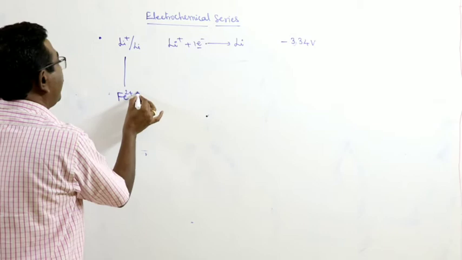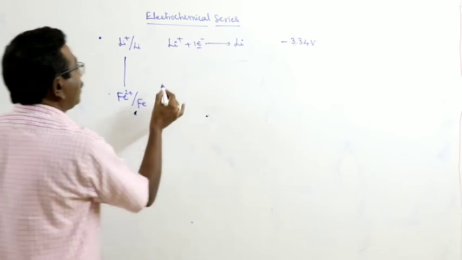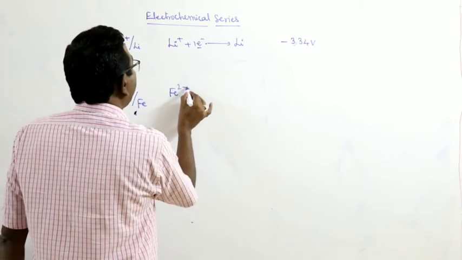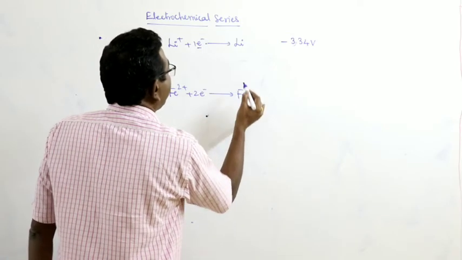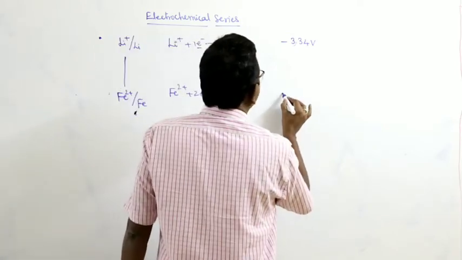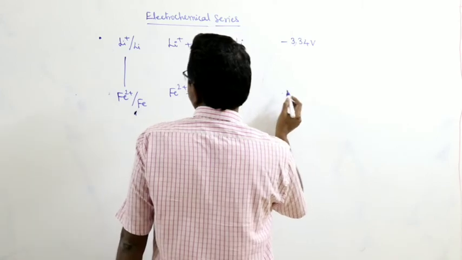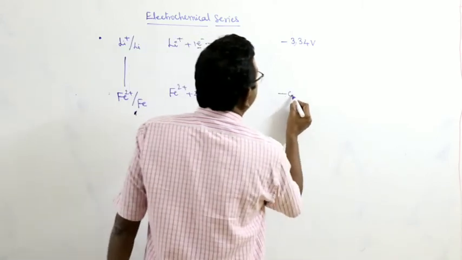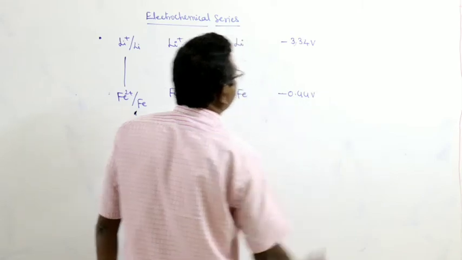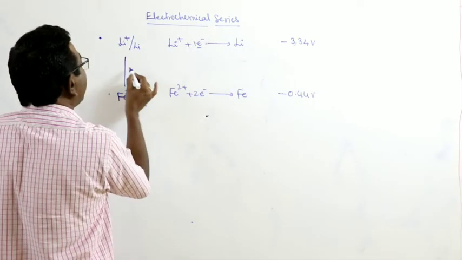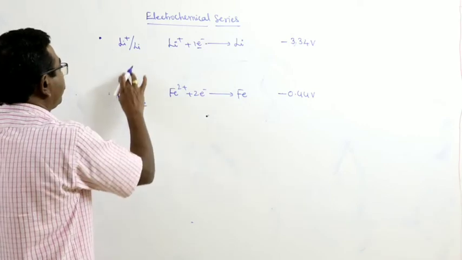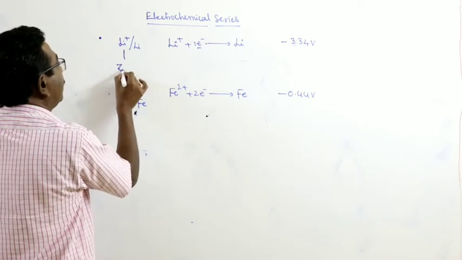Another one: Fe^2+ by Fe means Fe^2+ plus 2 moles of electrons gives rise to Fe. That is minus 0.44 volts. In between these two, we can write another one also. What is that?